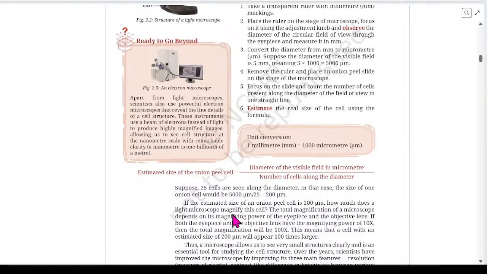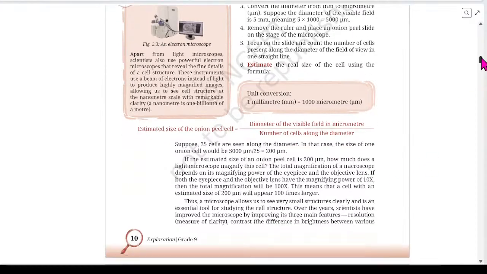The total magnification of a microscope depends on the magnifying power of the eyepiece and the objective lens. If both the eyepiece and the objective lens have the magnifying power of 10x, then the total magnification will become 100x. This means that a cell with an estimated size of 200 micrometer will appear 100 times larger.